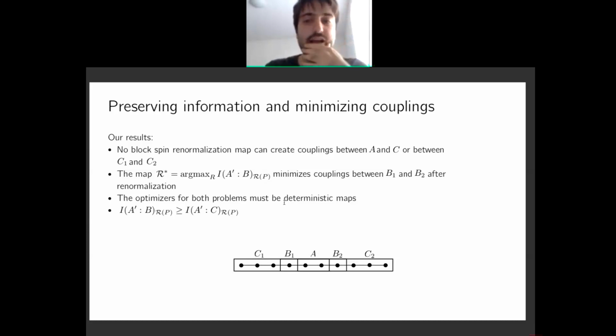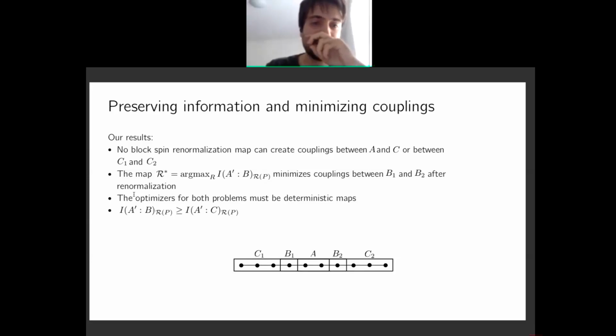And we actually find that the only non-trivial couplings that could appear are between B1 and B2, so between the two disconnected parts of the boundary in 1D. And that to minimize these kinds of couplings, we actually have to, intuitively, optimize the preservation of mutual information between the block and its boundary, so between A and B, which goes against the whole philosophy, but I'm going to talk about this a bit later.